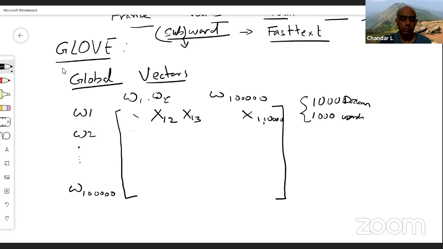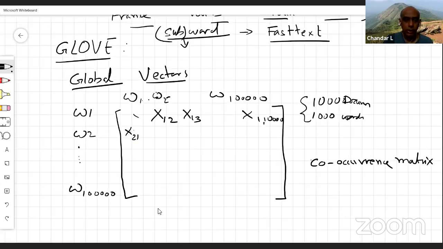It's a symmetric matrix, because the number of times word 1 and word 2 co-occur is the same as the number of times word 2 and word 1 co-occur. So X21 is equal to X12. So you have this co-occurrence matrix.